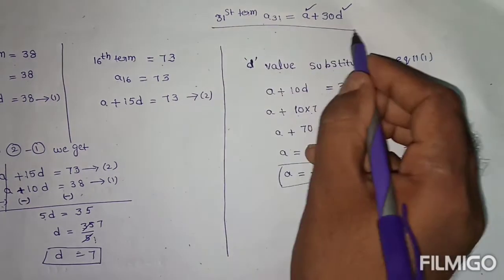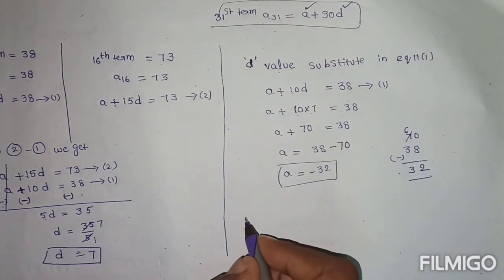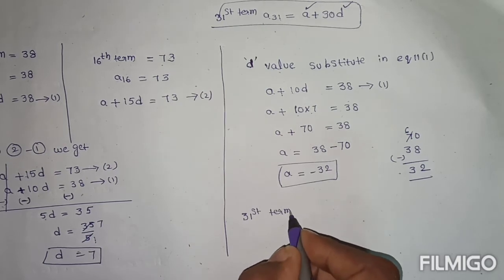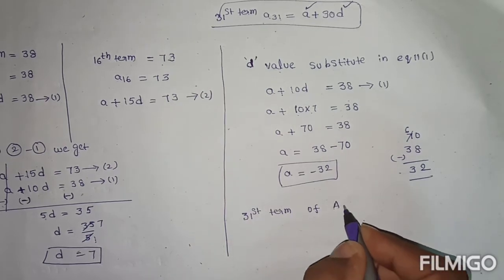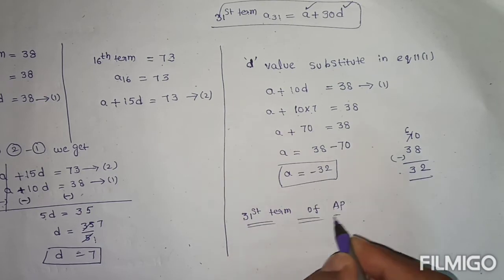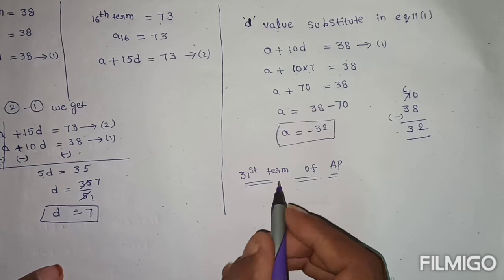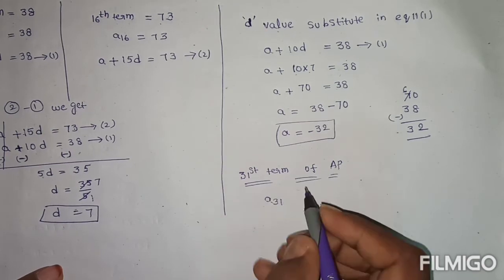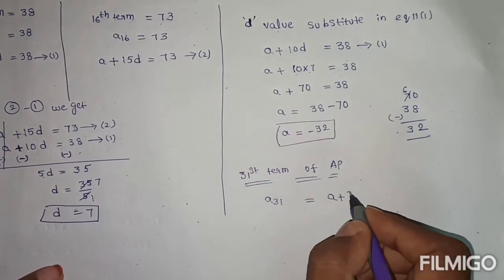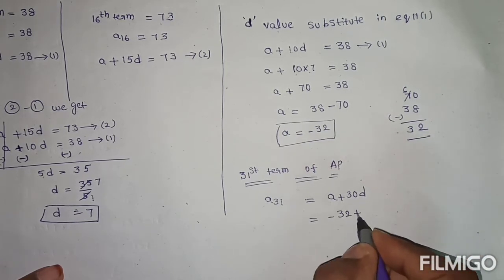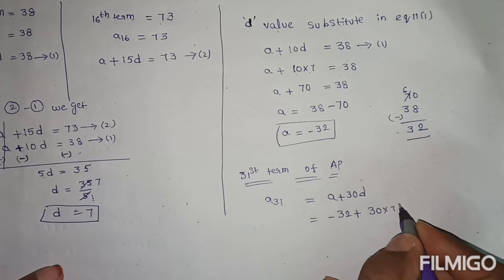So A is minus 32. What is to be found? The 31st term of the AP. So what is the meaning of the 31st term of AP? Please write down. A31 is equal to A plus 30D. So A value minus 32 plus 30 into D value 7.